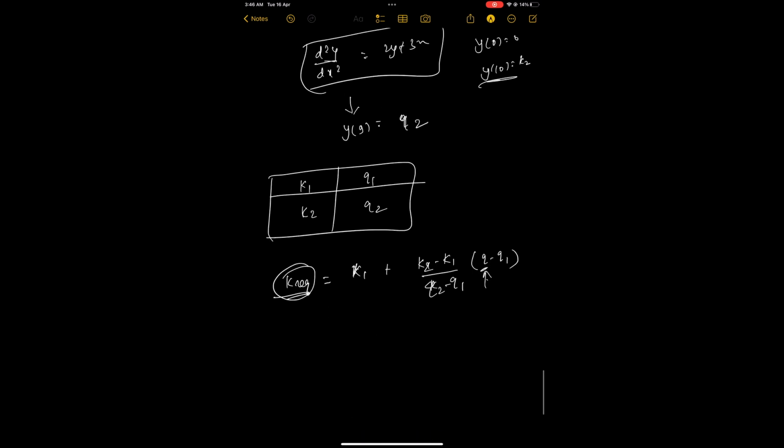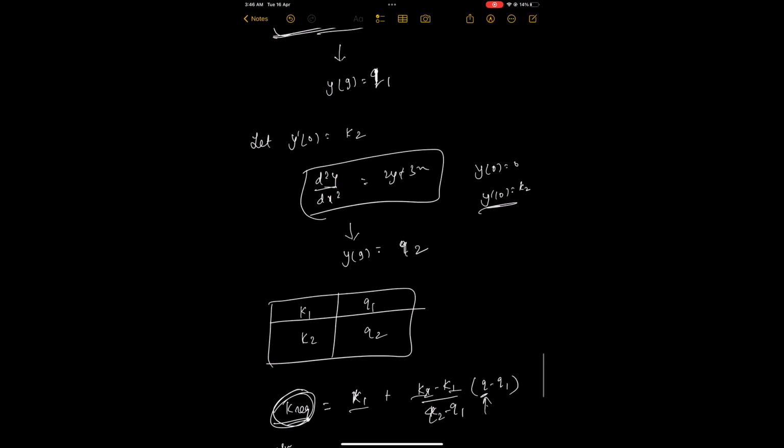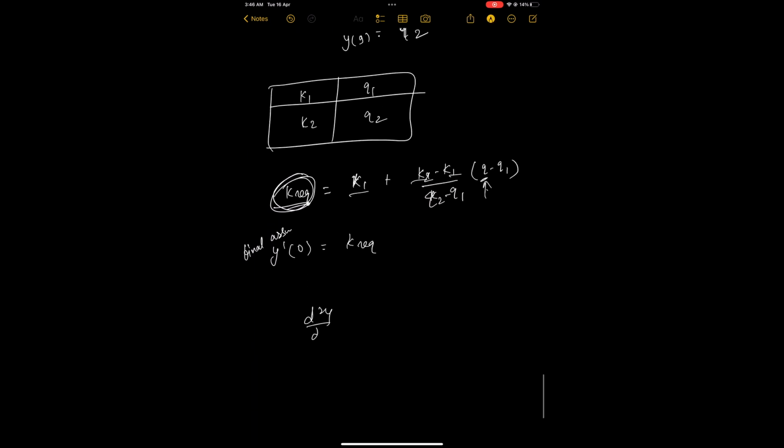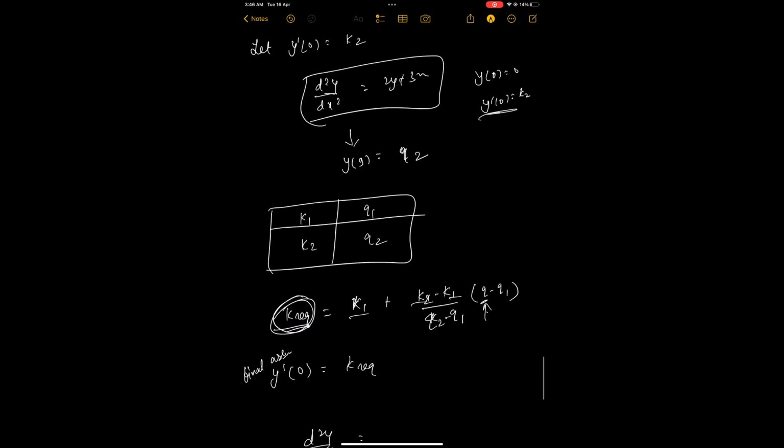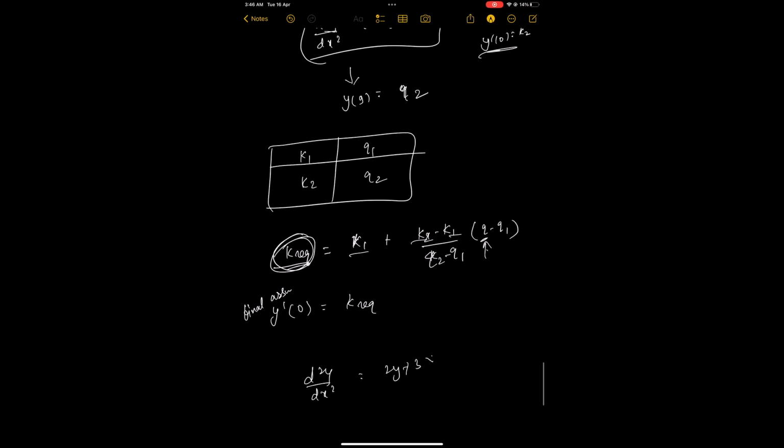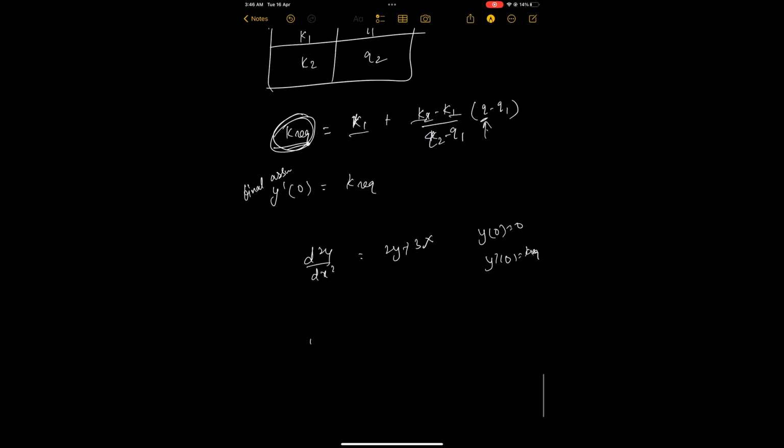So we have to plug in k1, k2 and everything. We get the k required, that is y dash 0 equals k required. So our final assumption is y dash 0 equals k required. So d2y by dx2 equals 2y plus 3x, y of 0 equals 0 and y dash 0 equals k required. From here we finally calculate y9.